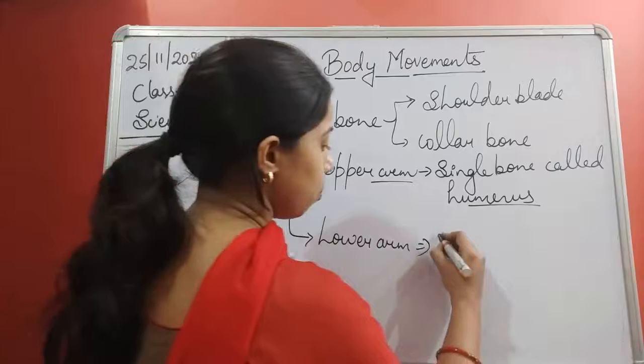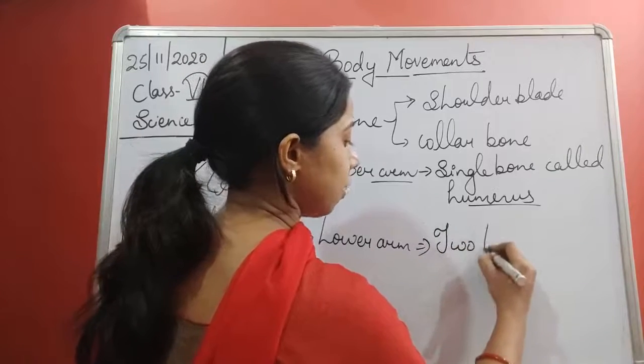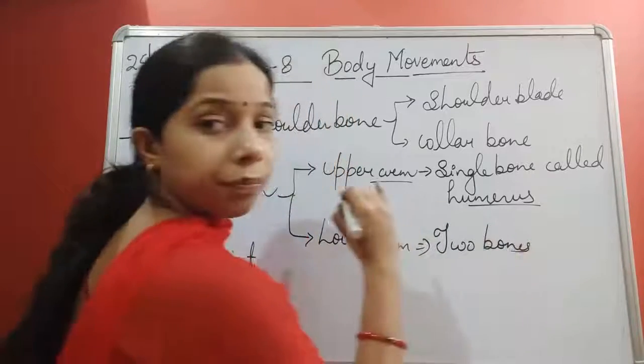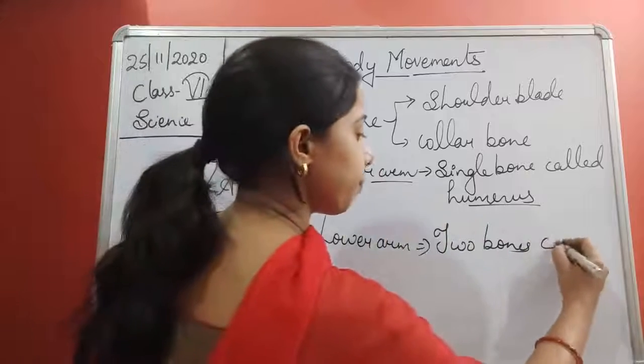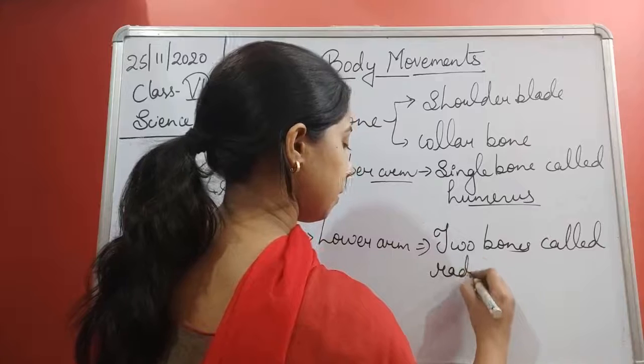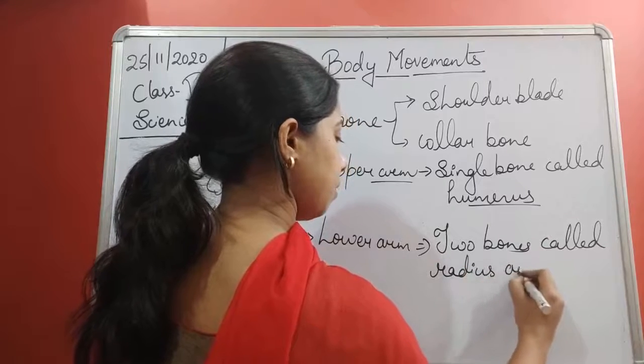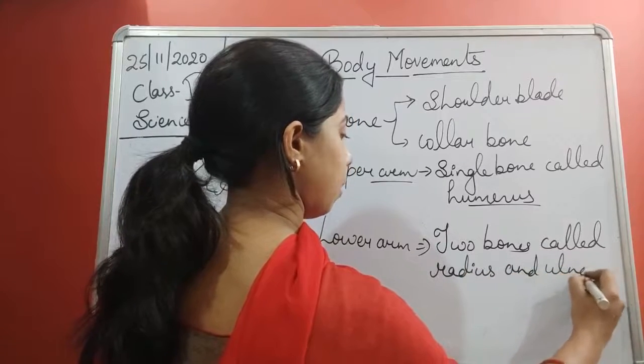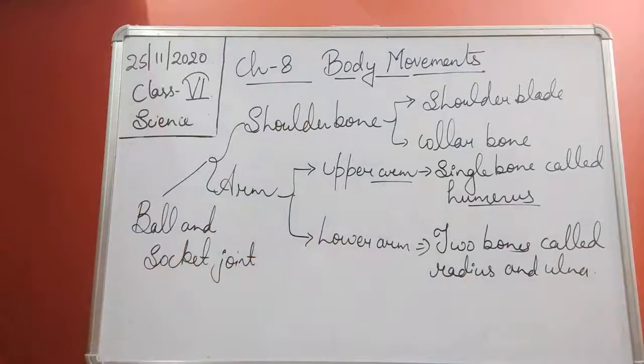Okay, so two bones are there, students, called radius and ulna. Radius and ulna are there.